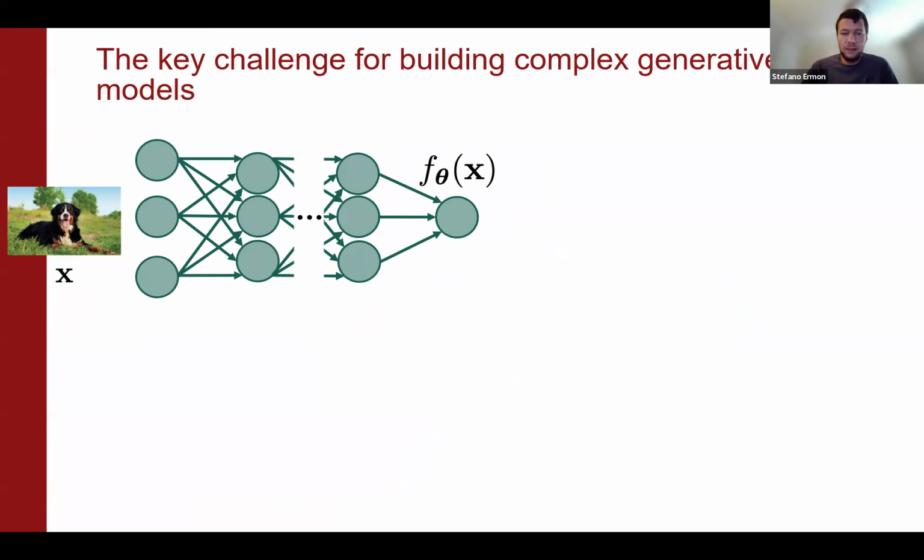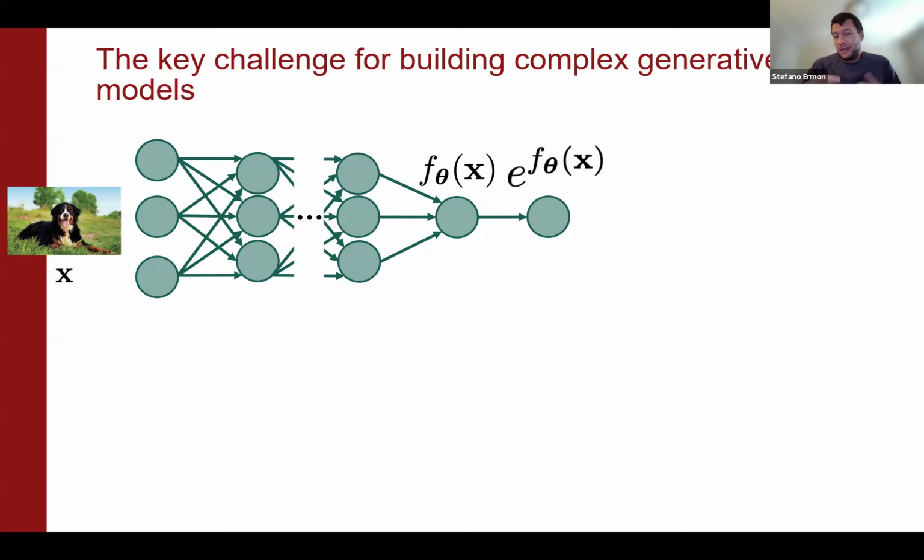You need to make sure that the output is non-negative for every possible input, which is not hard to achieve. You can just apply some non-linearity at the end that makes the output non-negative. The more difficult constraint to satisfy is that it has to be normalized. So if you integrate over all possible inputs, you have to get 1. And that's a much harder constraint to enforce. If you take an arbitrary neural network, it's not going to satisfy that constraint. And so you cannot really think of it as a probability density function.